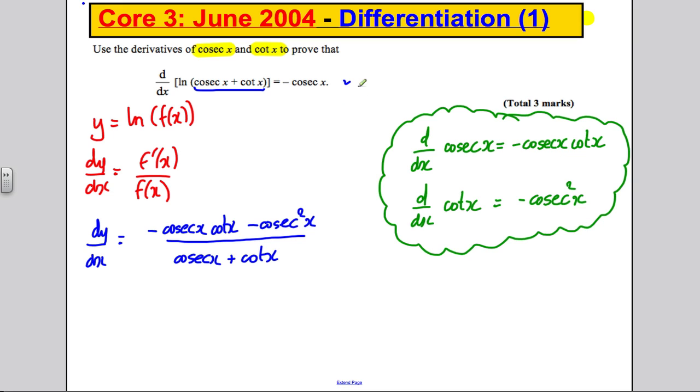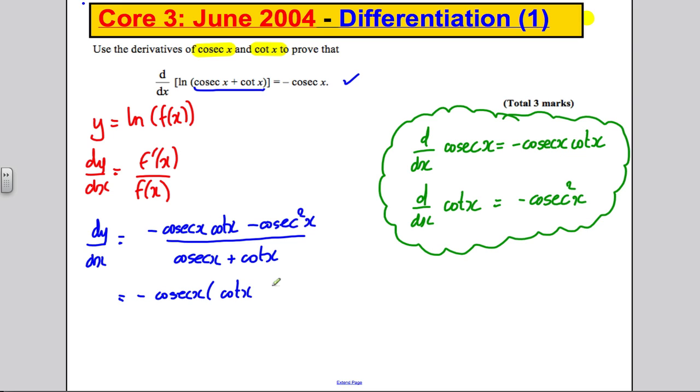Okay, doesn't look anything like this. But before you launch into anything complicated, substituting cosecs for cots and all this sort of thing, factorise. Just try and factorise. Watch what happens. Factorise out a negative. Factorise out a cosec. What would you be left with?